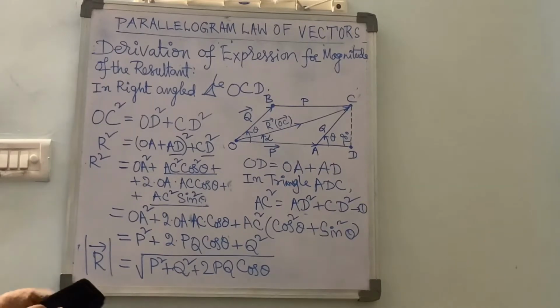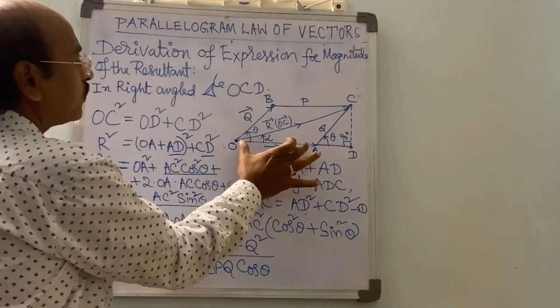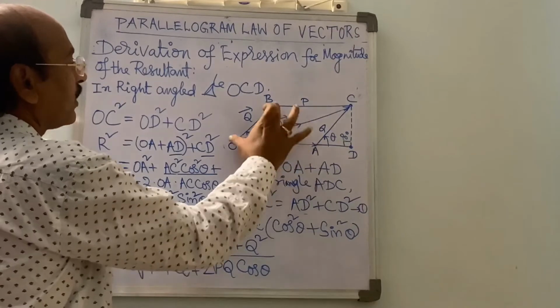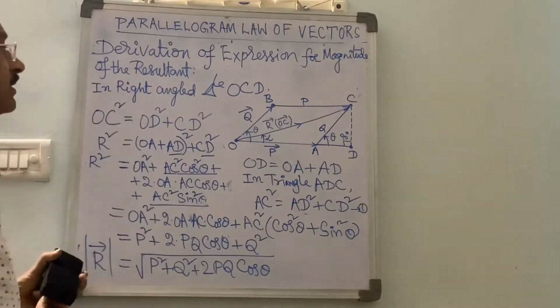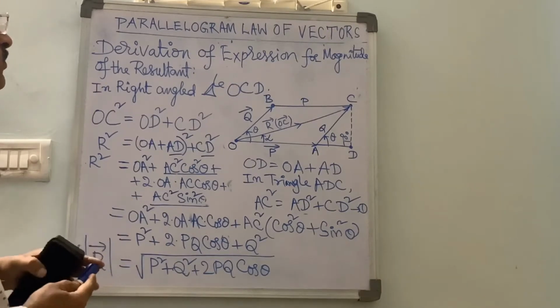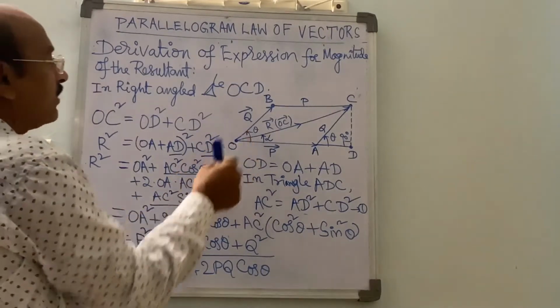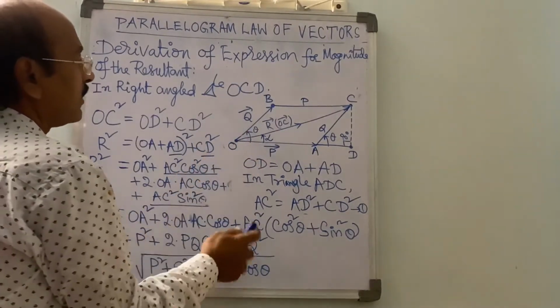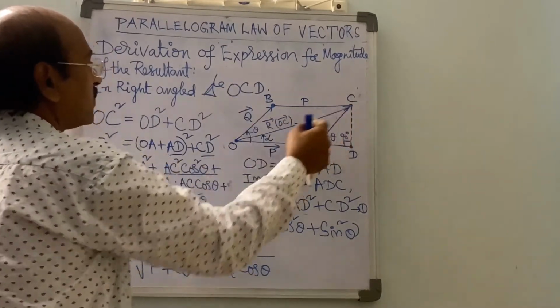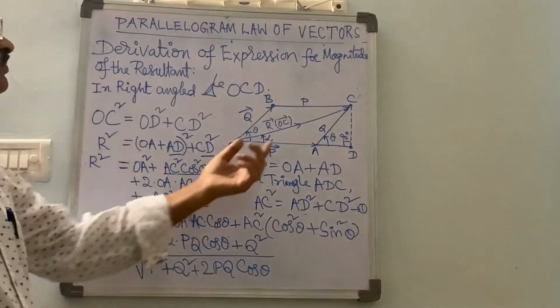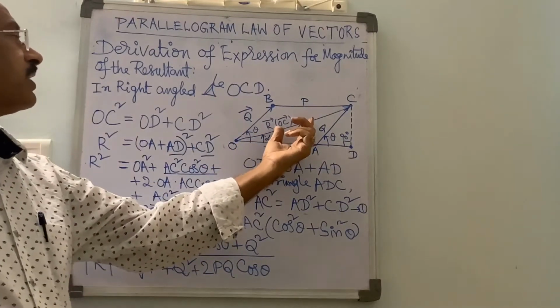So here, when two vectors p bar and q bar are represented by the two sides of a parallelogram, which are acting at an angle theta at O, then the resultant is represented by the OC bar or R bar, which has some magnitude and direction.